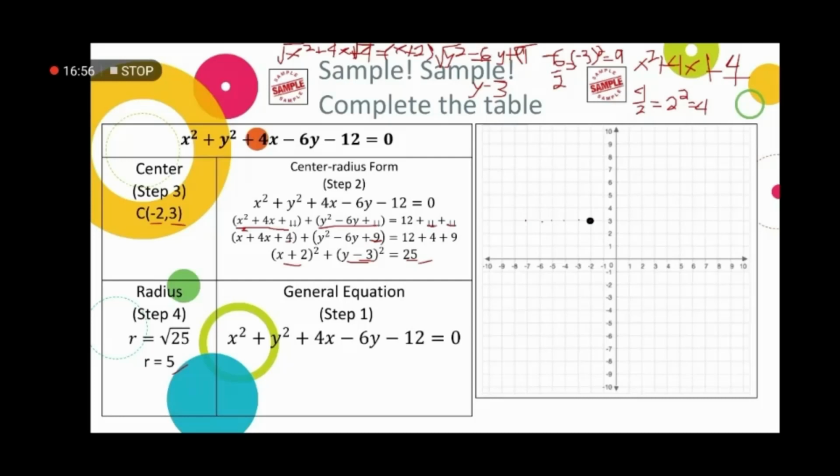Or 1, 2, 3, 4, 5, and 1, 2, 3, 4, 5, and 1, 2, 3, 4, 5. So those are the endpoints of the circle that are perpendicular to the center. So we will now connect those points. So that is the graph of the second given.